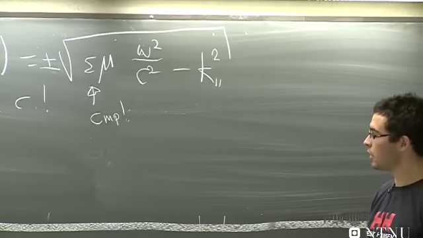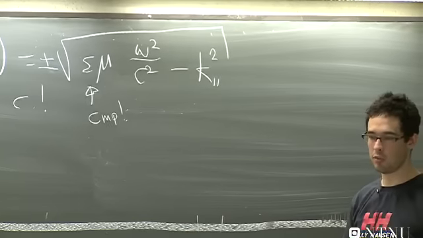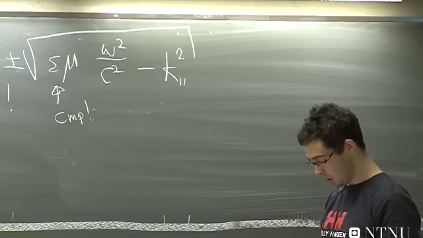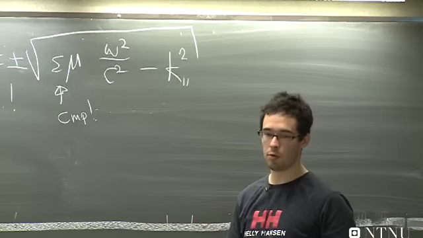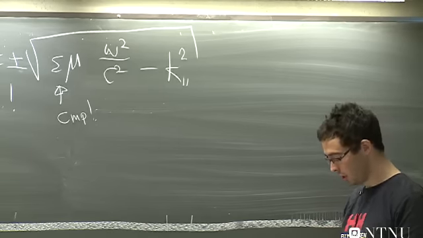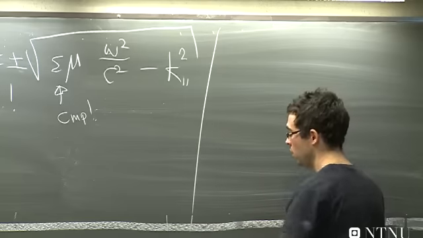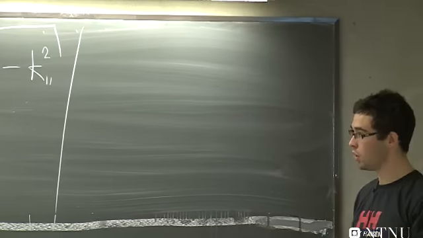So you always have to be careful to choose the right branch of the square root that gives you attenuation. But everything else in our previous discussion holds, as long as we keep epsilon complex. And this means that reflectivity and so on changes.